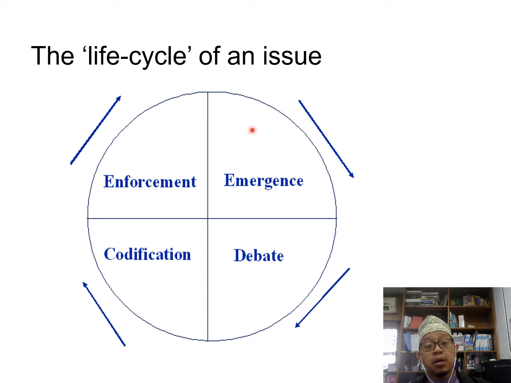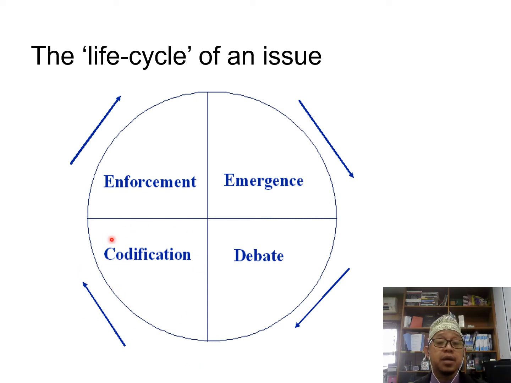And then it will be debated after that. This is where they want to promote the issues. They want to more or less remind the parties and any people who are involved in this, and then they will start codification of the issue.